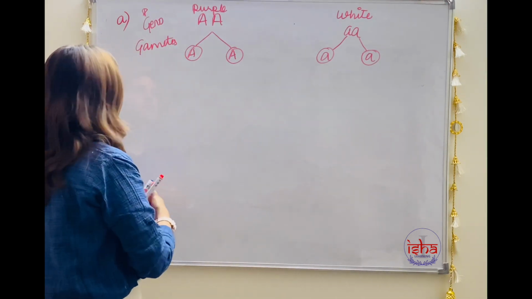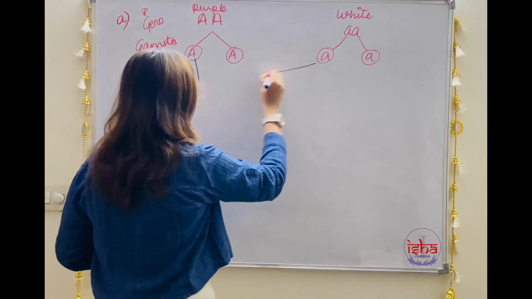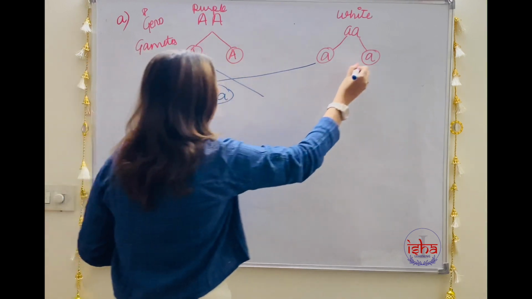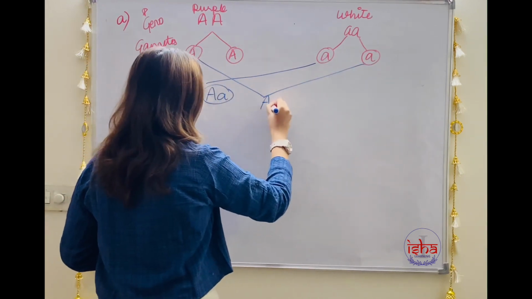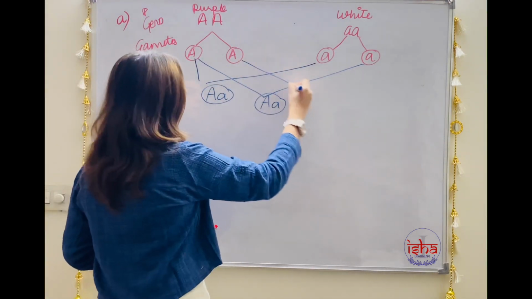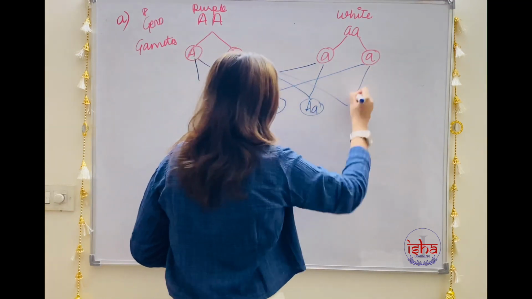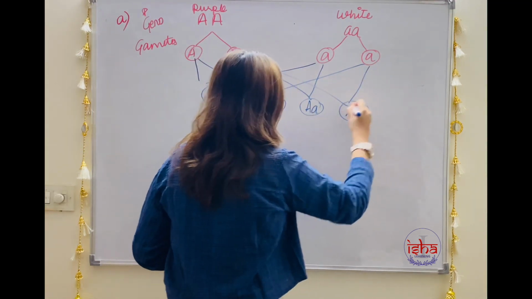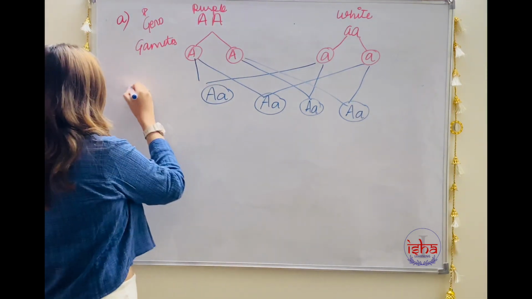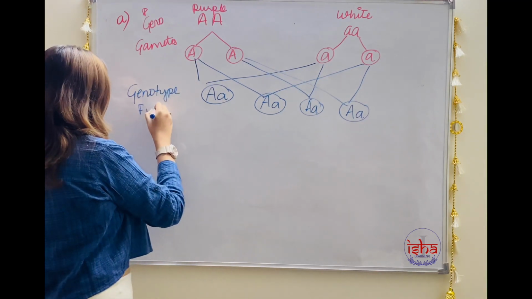Next step is going to be to do a fertilization. So to do the fertilization, we are going to figure out all the combinations. Capital A, small a, capital A, small a. Now let's deal with the other gamete, with the first one and with the second one. Okay, now the next step is to determine the genotype. So this represents the genotype of the F1 generation.